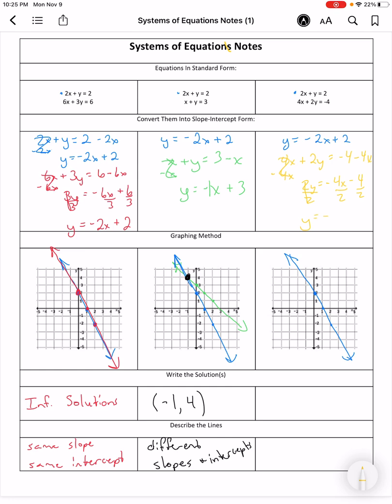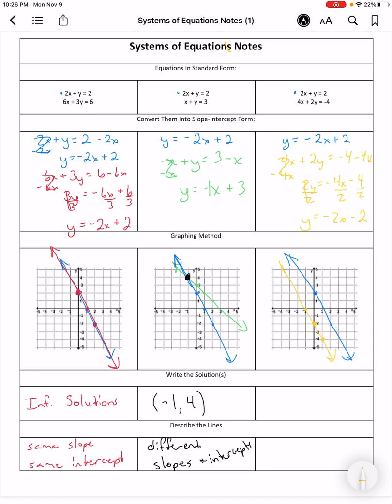Negative 4x divided by 2 is negative 2x. Negative 4 divided by 2 is negative 2. So I start my point at negative 2 because that's my y-intercept, and then my slope says negative 2, so that's down 2 and right 1. I can't go down 2 and right 1 again, so I can go from my intercept of negative 2 and go up 2 and left 1. I'm going to draw a line connecting them.